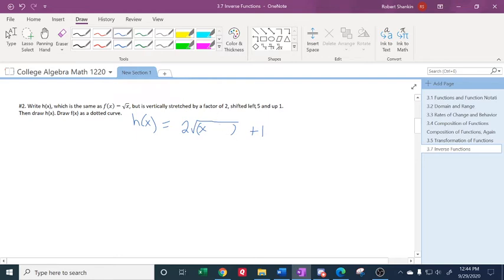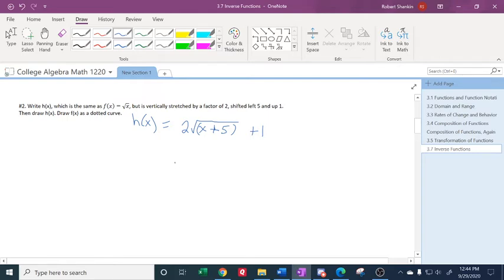When we shift left 5 units, that's a horizontal shift, so we replace x with something, but it's always the opposite direction. Left is the negative direction, so you do a plus right here. So this is the new h of x.